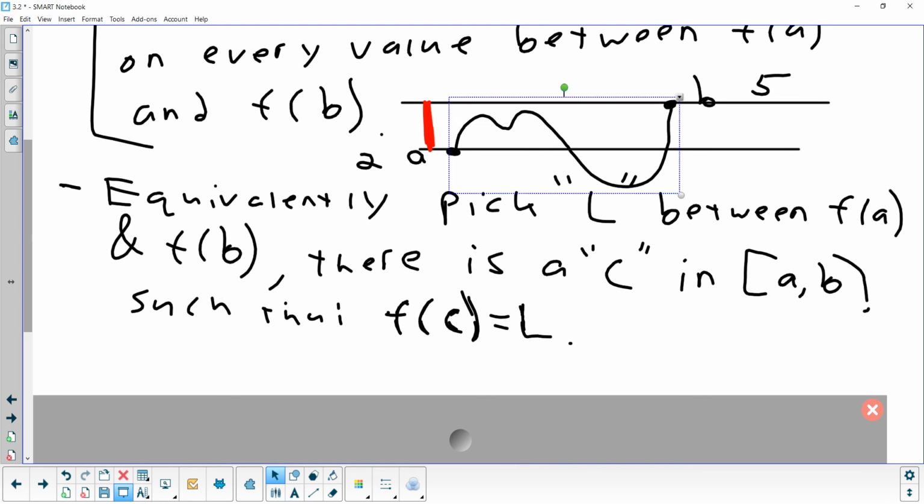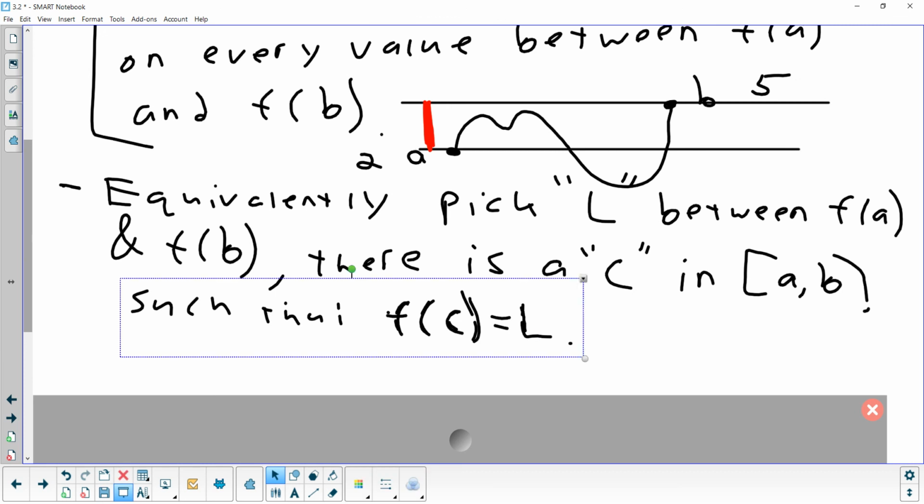If we knew the formula that made this graph, I'm going to call that number C. And when you plug in the number C into the formula, you'll be able to get 4. This number right here could be anything between 2 and 5. And I guarantee you there's a way to calculate that number by plugging in a certain value into the function. And that value that you plug in will be somewhere between A and B.